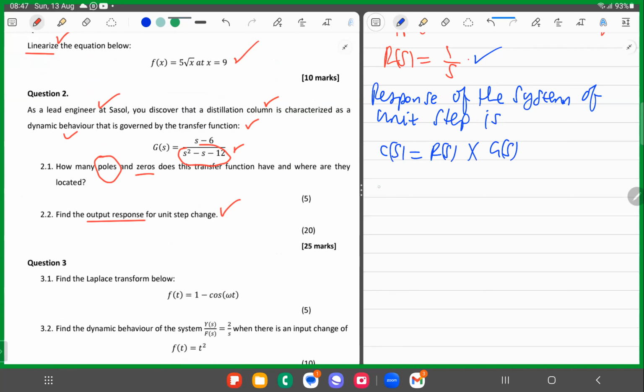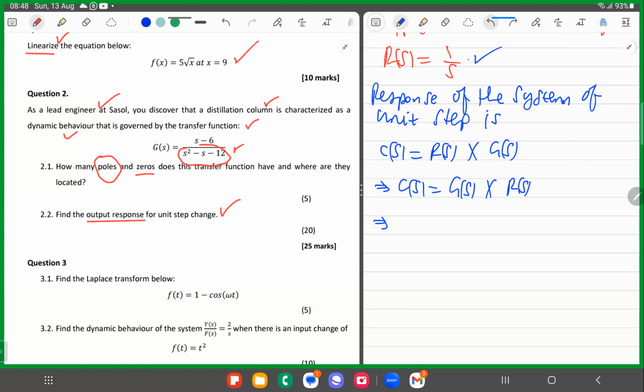So you can write this as Y of s, which is the popular way to write it, equal to R of s times G of s, or you can write it as G of s times R of s. Okay, you can write it in two ways. This doesn't matter. You can write it as C of s equals G of s times R of s.